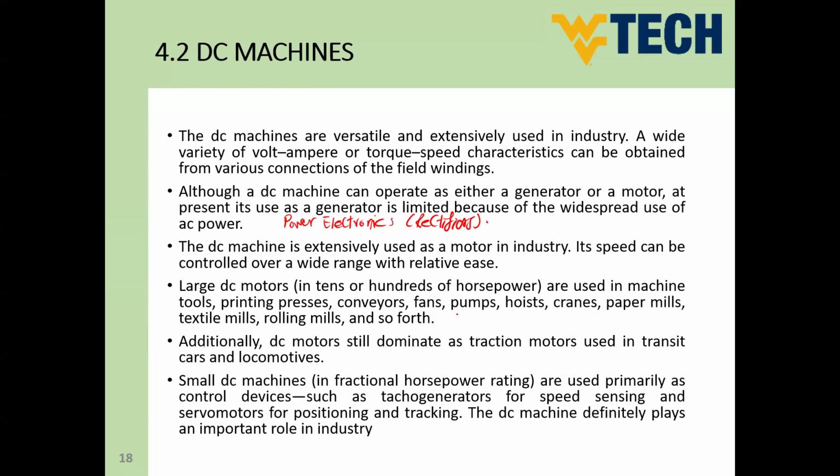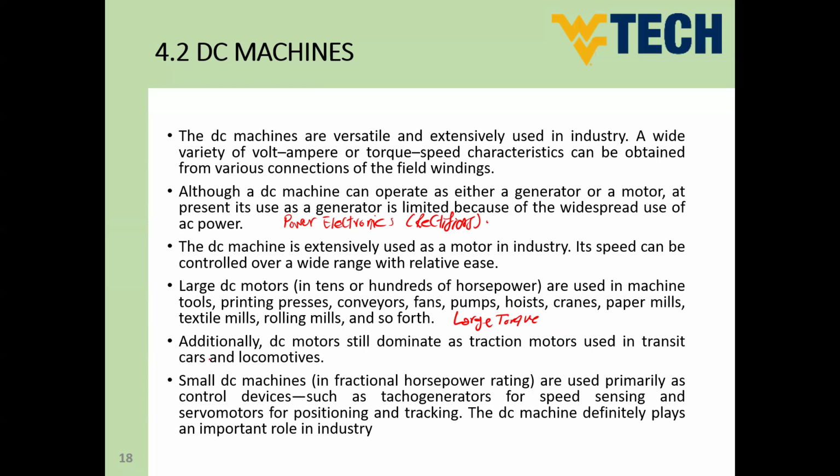If we need very large torque, we use DC machines. We don't prefer to use AC machines for very large torque. DC machines are much better at large torque, especially series DC motors, thanks to the characteristic of the high starting torque of the DC series motors.